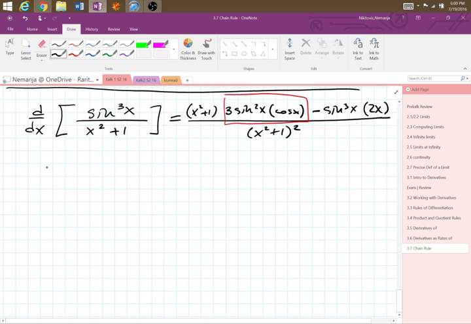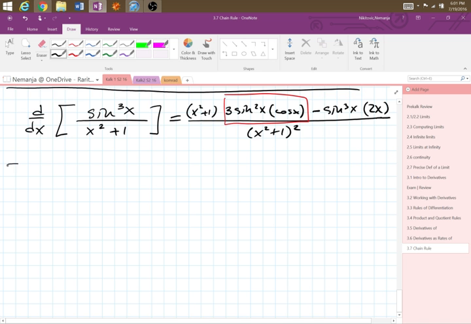And now, can we simplify this a bit? There's really not much we can do. Even if you factor out sine squared, there's nothing much we can do.